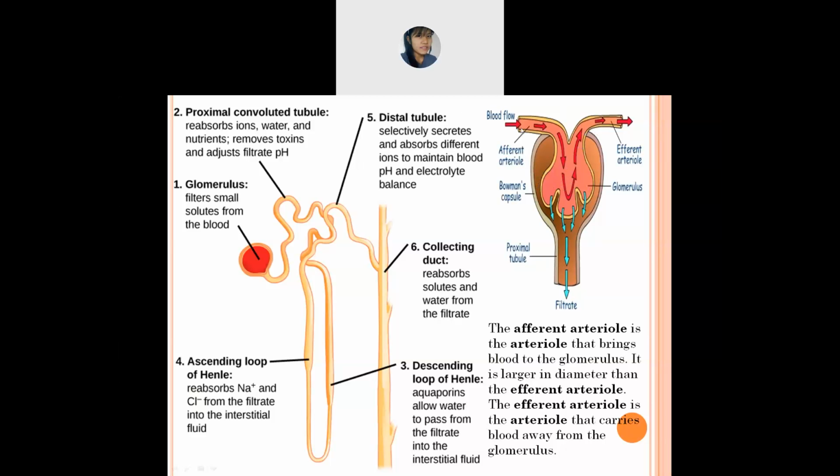What you will see here in the Bowman's capsule is the afferent arteriole and the efferent arteriole. Always remember that the diameter of the afferent arteriole is greater than that of the efferent arteriole.